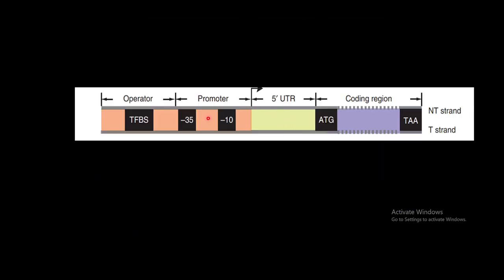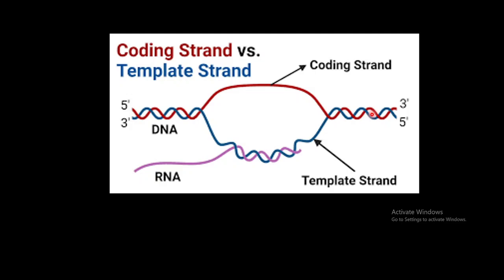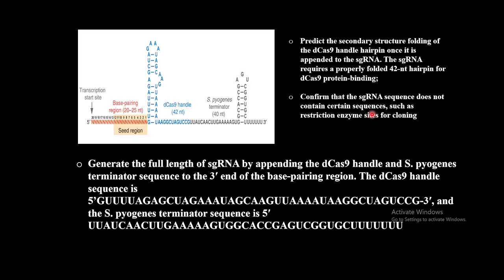Either you target the coding region or you target the 5' UTR region. If you are targeting the coding region, it should be at the 5' portion, and it should also contain the transcription factor binding site. So these are the things which you need to know before designing the CRISPRi sgRNA.